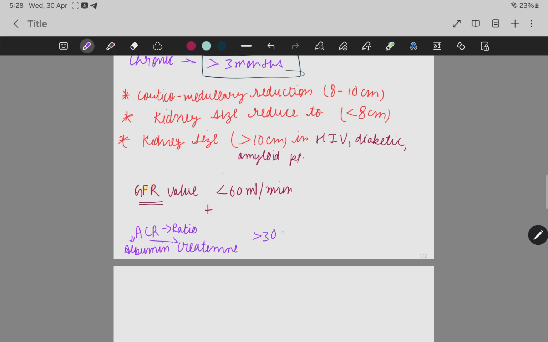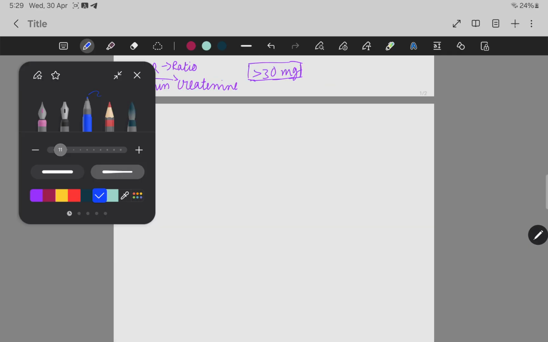So for GFR, anything below 60 ml per minute is a sign of concern, and for albumin creatinine ratio, anything above 30 mg is a sign of concern.